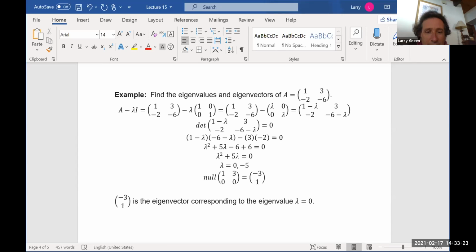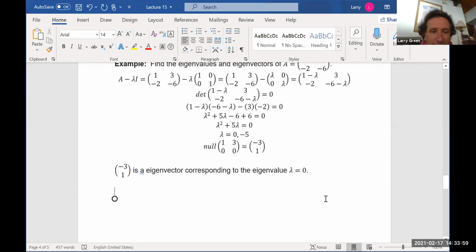And I should say not the, but an eigenvector. Any multiple of this will be an eigenvector, because that's how null space works: once you have a vector, any multiple of that vector will be in the space, and the null space is a subspace. So a basis would be -3, 1.